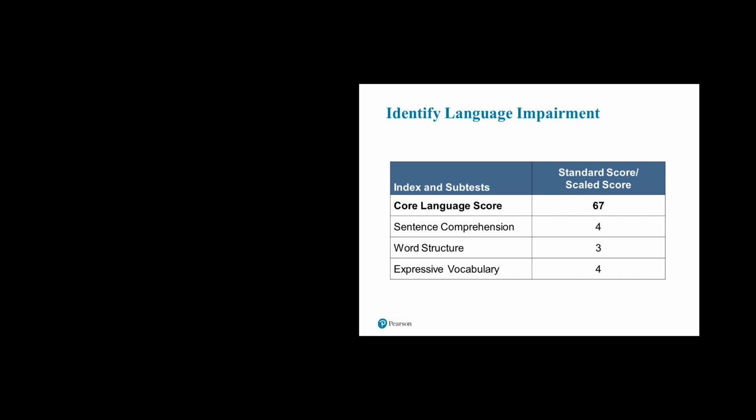So first we want to look at the standard scores. The CELF Preschool-3 record form summarizes the child's core language index and subtest scores. For this child, her core language score of 67 is in the very low developmental range and supports continued language therapy.